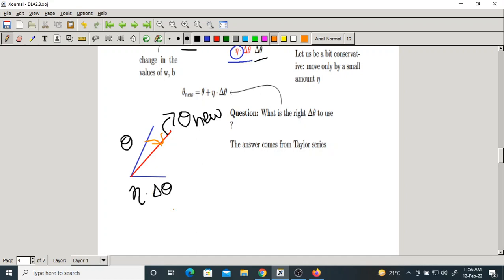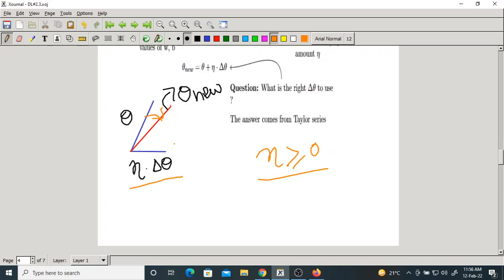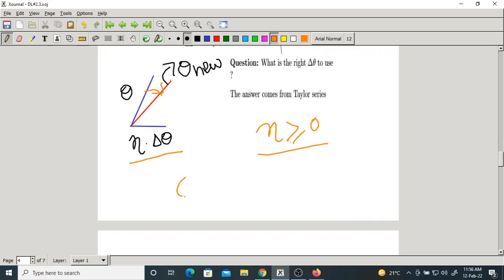It has moved in the direction of delta theta only, but by a small amount, because I have taken a small step. This is eta, which is a very small positive scalar quantity. So what is theta new from this diagram? Theta new equals theta plus eta delta theta. Theta plus eta into delta theta.